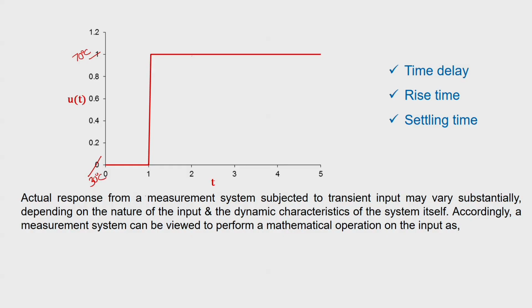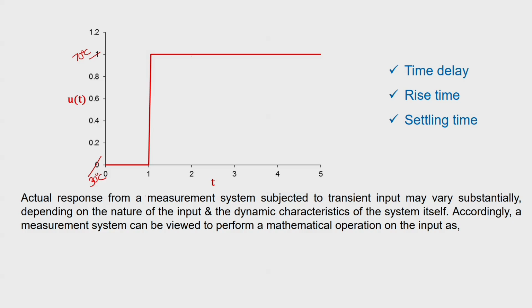The actual response that we get from a measurement system subjected to a transient input can vary substantially depending on the nature of the input and also the dynamic characteristics of the system itself.